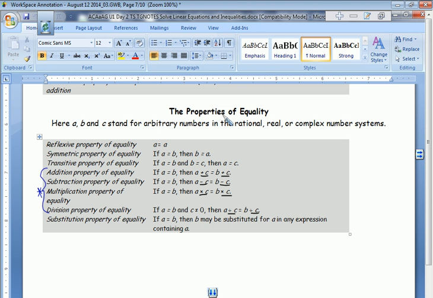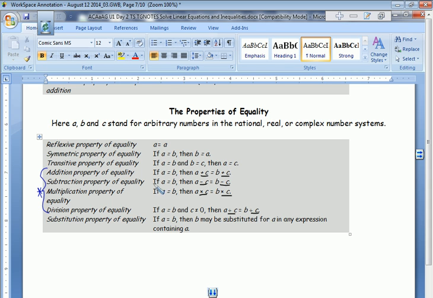And then the properties of equality. Now, this is what you used when you first learned how to solve equations. We just didn't state what every step was. Now, the ones that we're going to focus on are these starred ones. The addition property of equality says that if I have a balanced equation and I add some constant to one side, if I add the exact same amount to the other, it remains balanced.